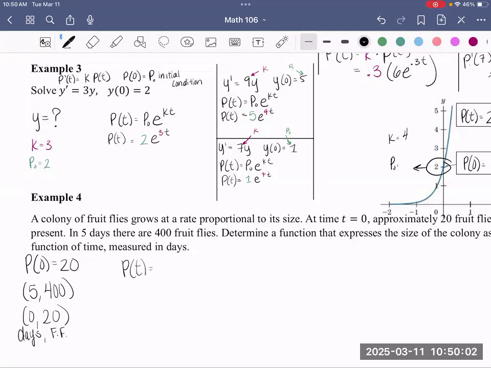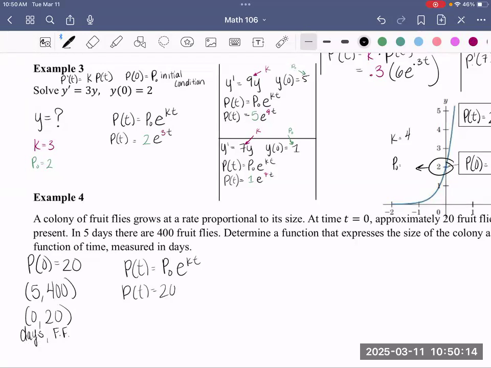We do have some sort of an idea of what your equation should look like. We should have, and I'll actually start from scratch, P naught e to the kt. And so far, we know that your setup should look something like this, but we are also given the context of t and P of t, right?